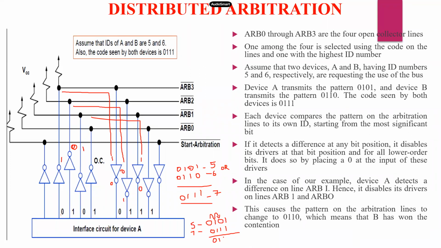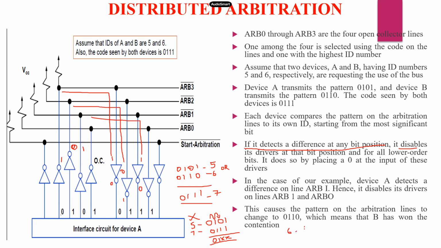So there is a problem here. If it detects a difference at any bit position, it disables the driver for all the remaining bits. Hereafter it won't check the remaining bits, so it disables the entire rest. So 5 won't be selected.